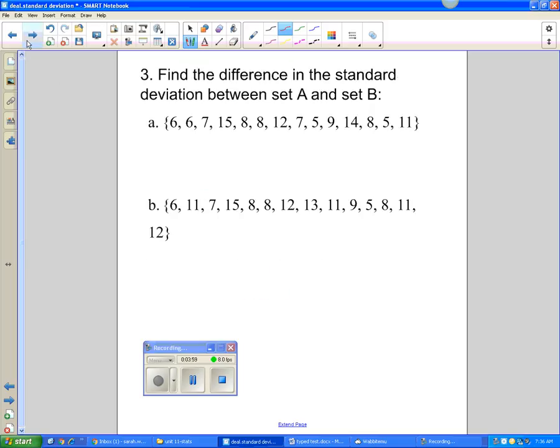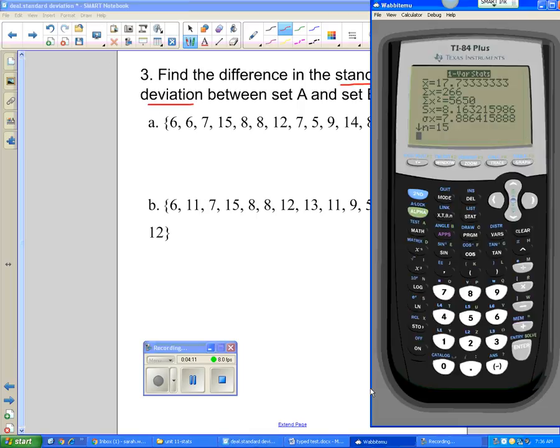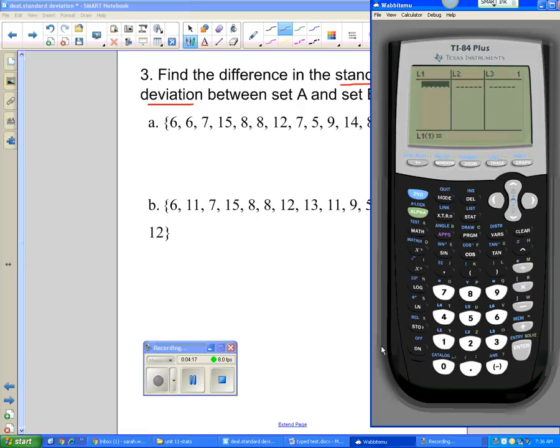Okay, number 3, find the difference in the standard deviation between set A and set B. So you need to find the standard deviation for each set. So first, I'm going to put in set A in my calculator.